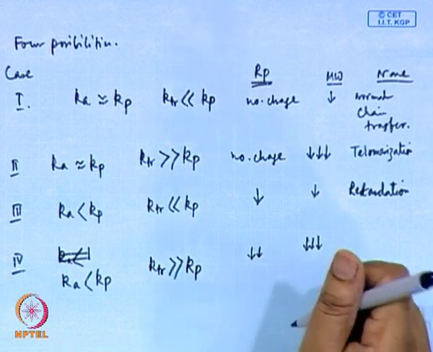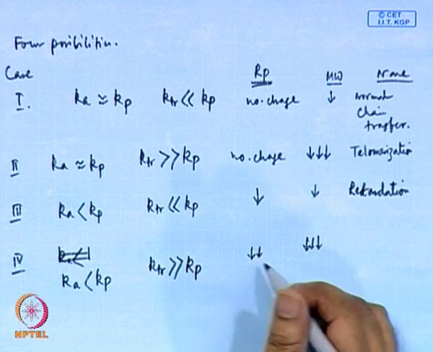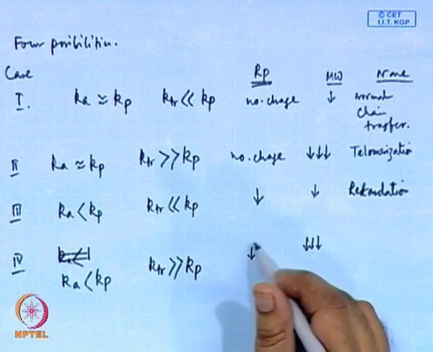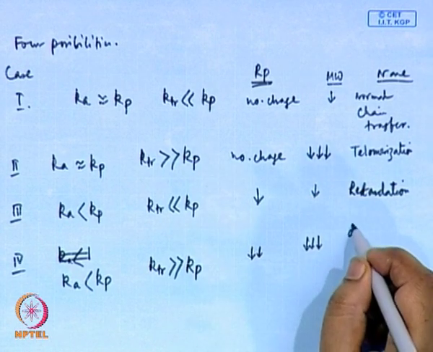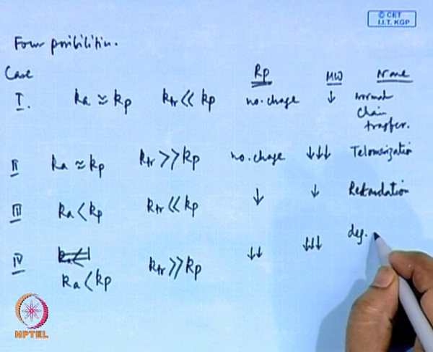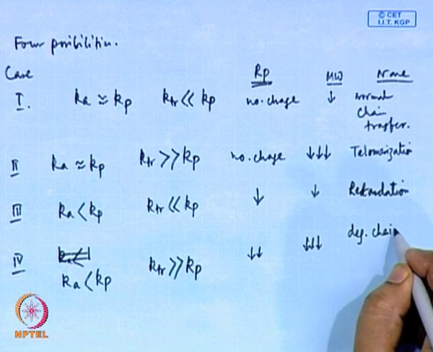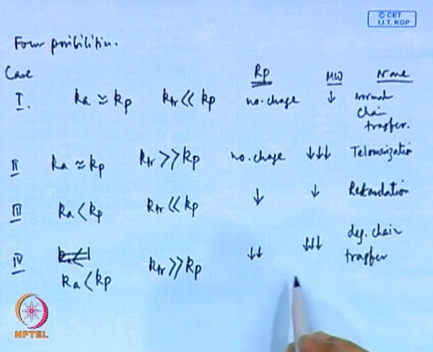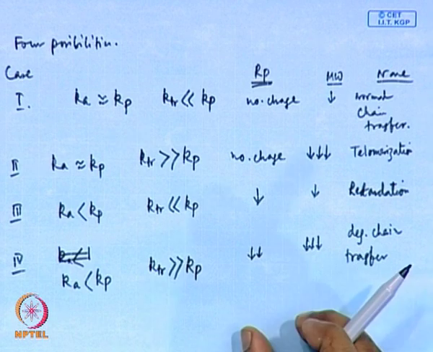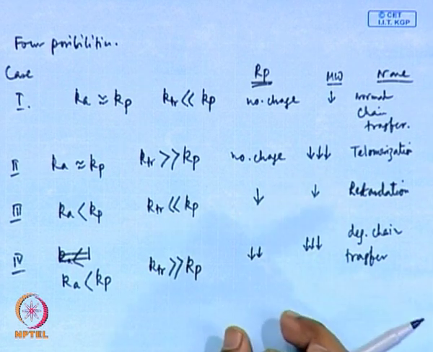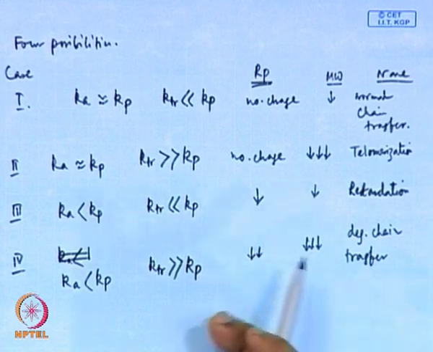So, both a large decrease in the molecular weight as well as a large decrease in the rate of polymerization, and this we term as degradative chain transfer. Here, in the reaction you get extremely low molecular weight polymers or oligomers, and the rate of consumption of the monomers is much lower.